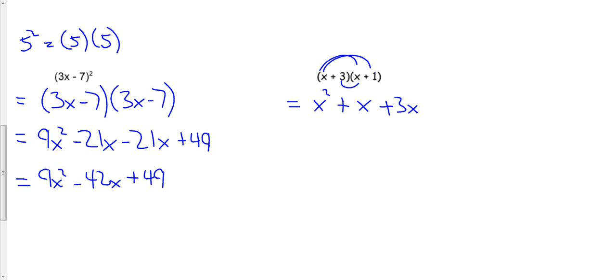Okay, and then positive 3 times positive 1 leaves me with 3. So if I collect my like terms, I'm left with x squared plus 4x plus 3. Okay, so that's a little bit of a review, warm-up activity there, looking at multiplying two binomials.